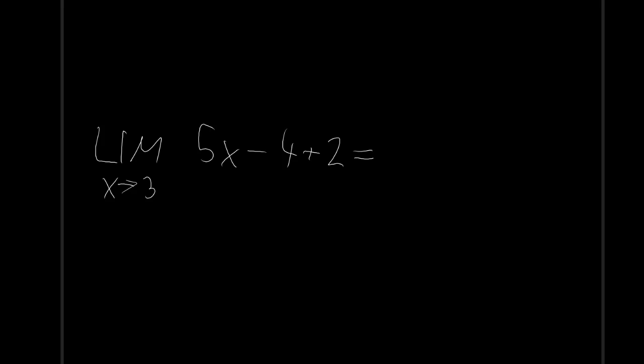If you've got a limit that's not that scary looking, the first thing you usually want to try is plugging in the value x is approaching into this expression. So this should be equal to 5 times 3 minus 4 plus 2, because we've plugged the 3 in. That's 15 minus 4, that's 11, plus 2, that's 13. Boom.